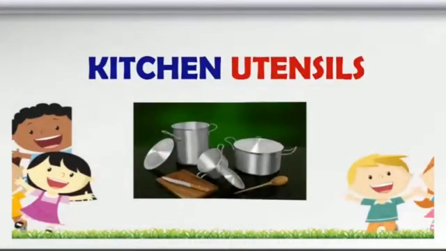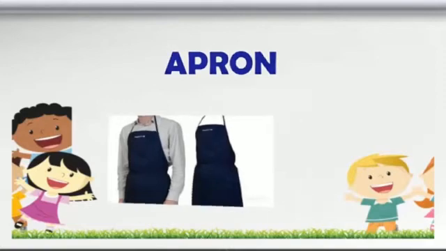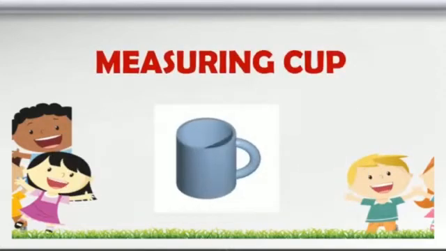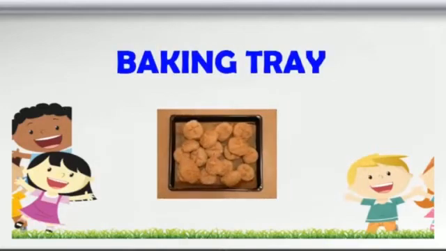First word is apron. A-P-R-O-N. Apron. Measuring cup. M-E-A-S-U-R-I-N-G-C-U-P. Measuring cup. Baking tray.